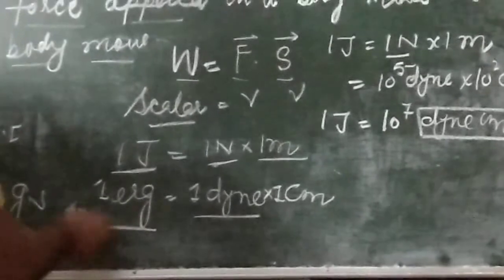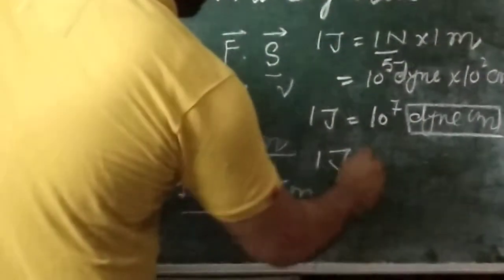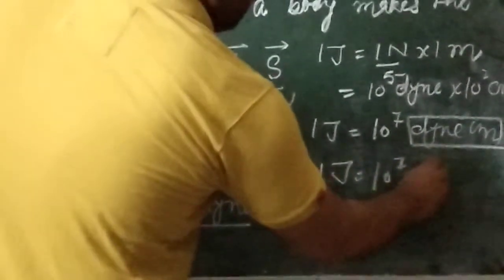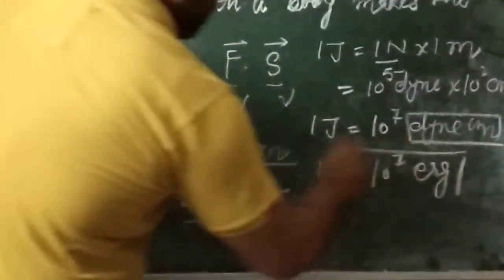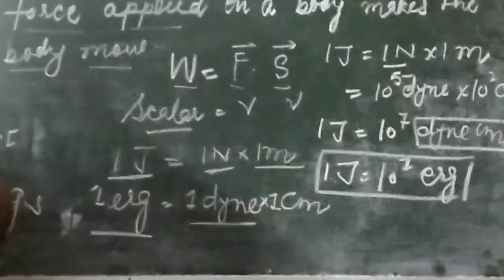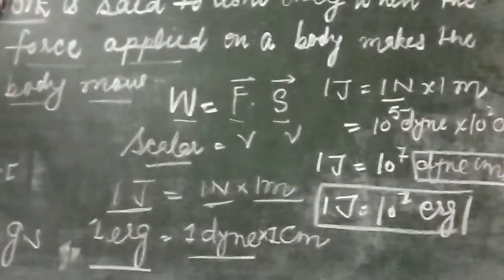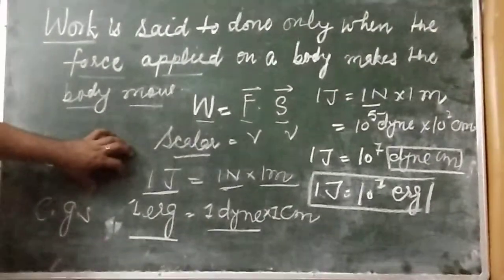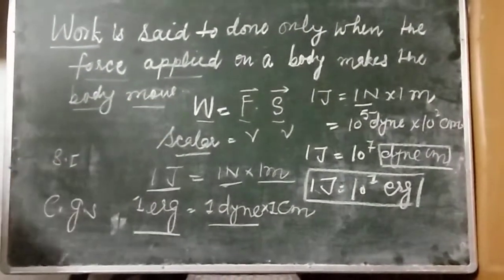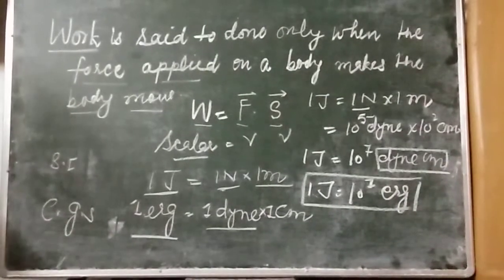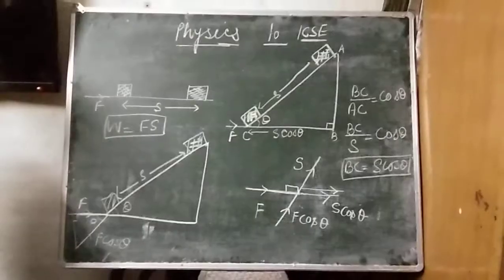So dyne centimeter is erg. It means 1 joule equals 10 raised to power 7 erg. So this is the relation between joule and erg. Students, this is the definition of work, unit of work, SI unit, CGS unit, and relation between SI and CGS unit of work. So please note down.